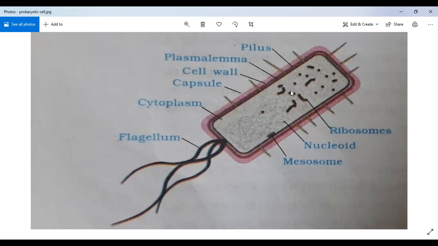So in this session, we discuss the membranous parts of prokaryotic cells and eukaryotic cells, and how the cell organelles differ in their number of membranes.